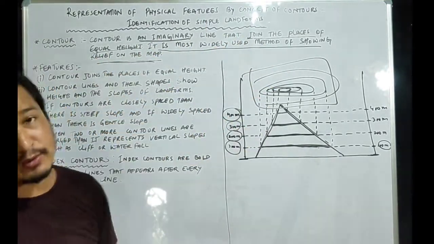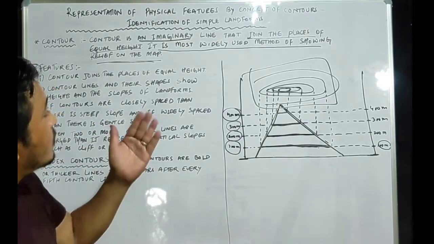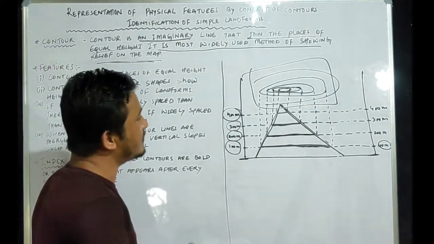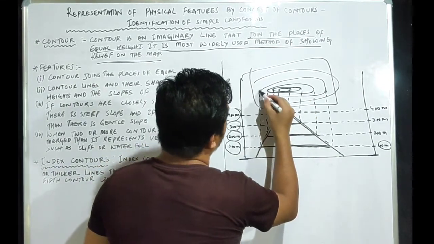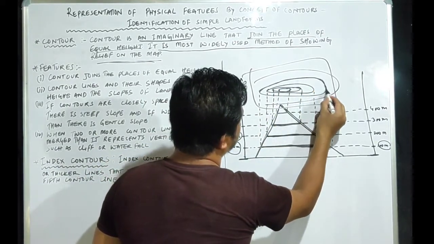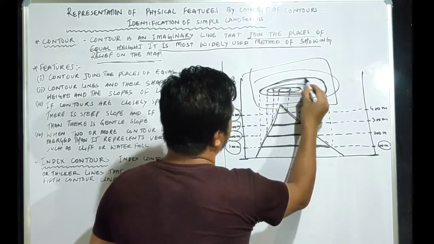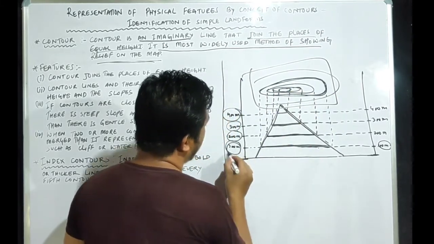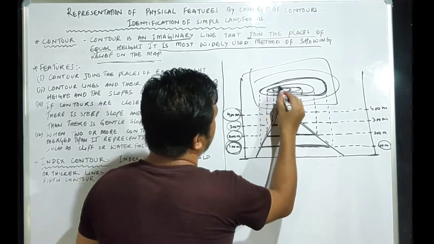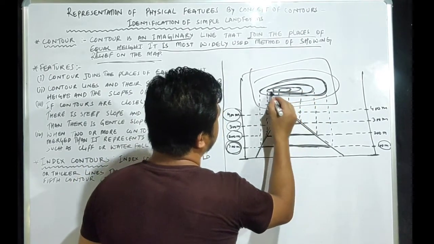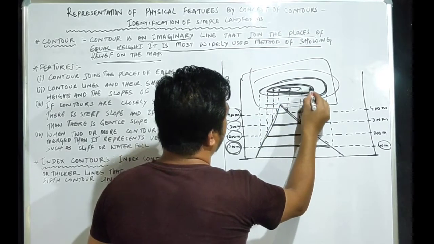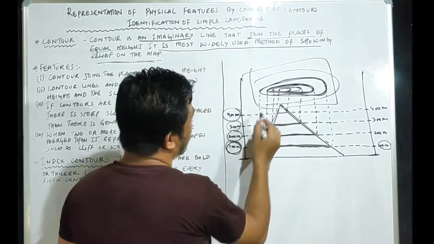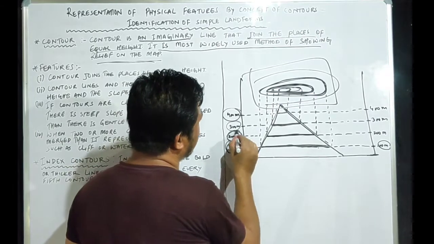It is the most widely used method of showing relief of the physical feature. So all the places coming on this line will have equal height, and that is 100 meters. And all the places on this line are at equal height, and that is 200 meters.